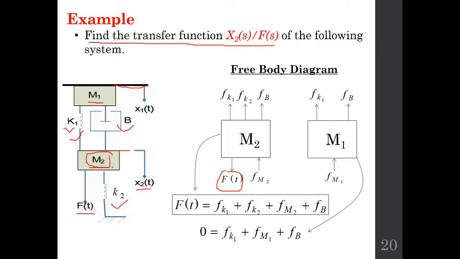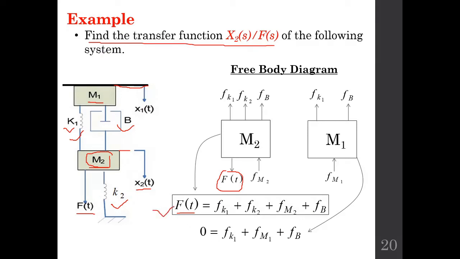And then we are going to have the inertial force of the M2 body as well. So the applied force for body M2, which is F of t, will be equal to the sum of F of K1, F of K2, F of M2, and F of B.